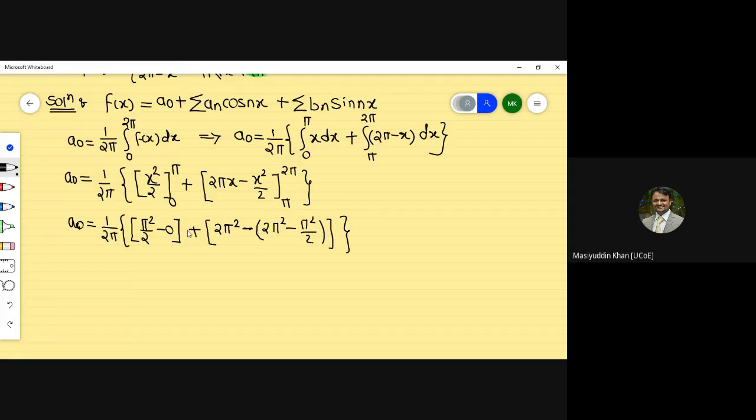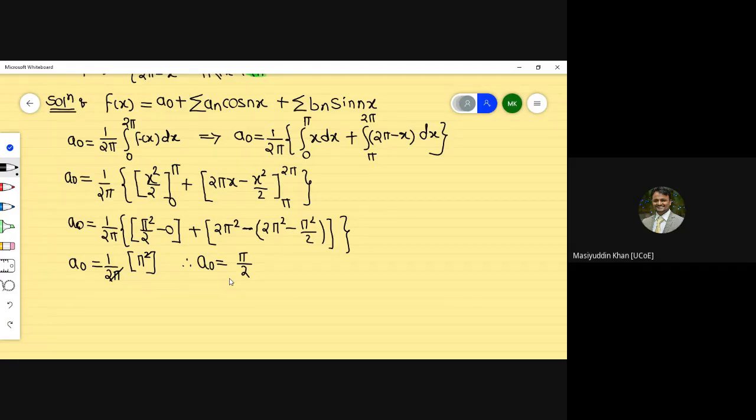So after expansion, a0 is equal to 1 by 2 pi into pi square only. Now this pi cancels with the square, and at the end you will get a0 is equal to pi by 2. a0 is equal to pi by 2.